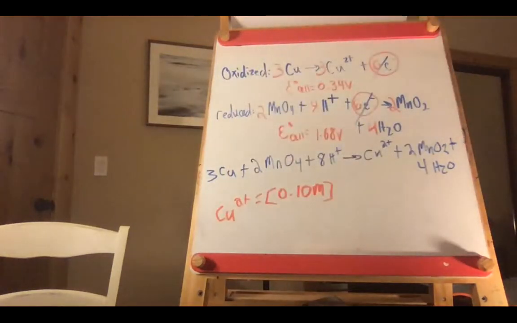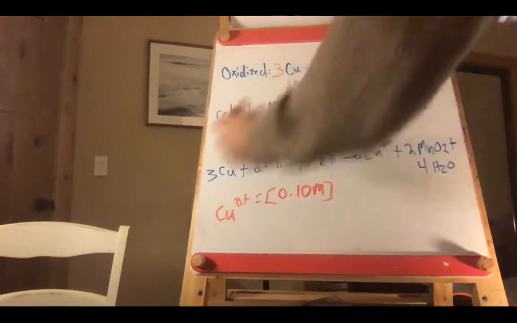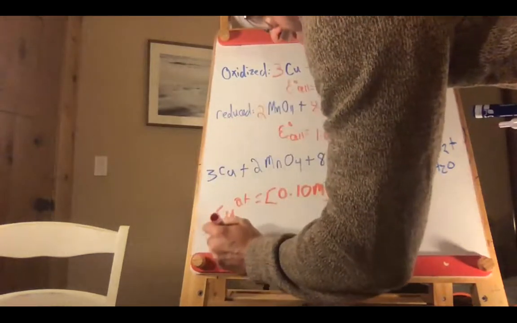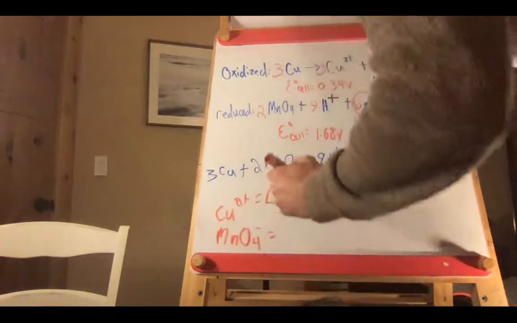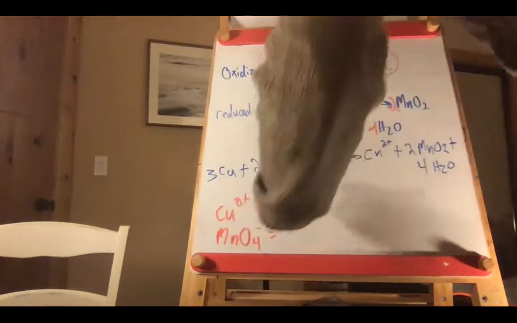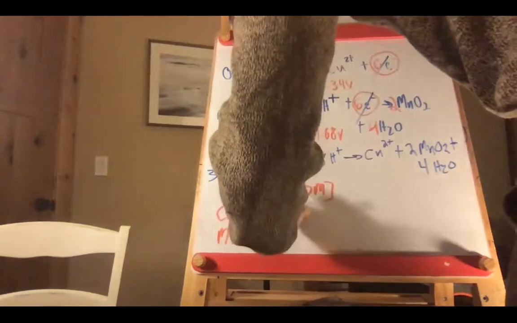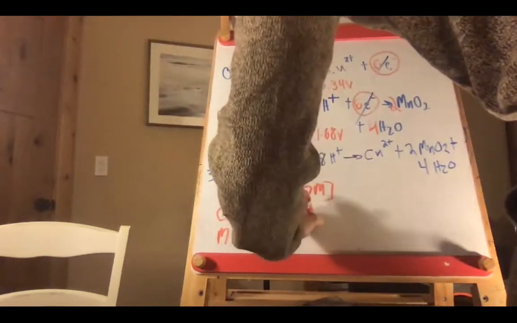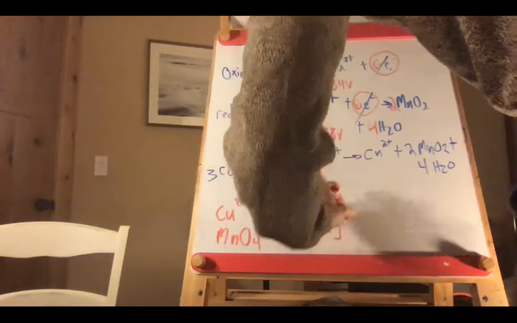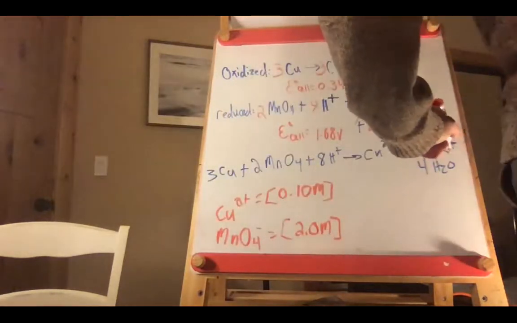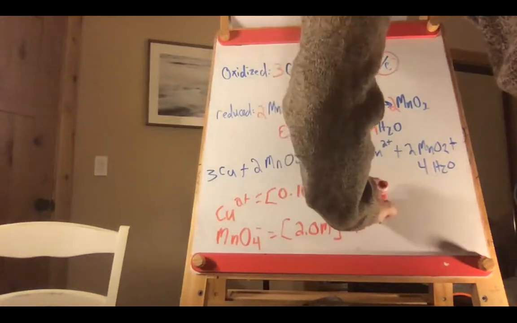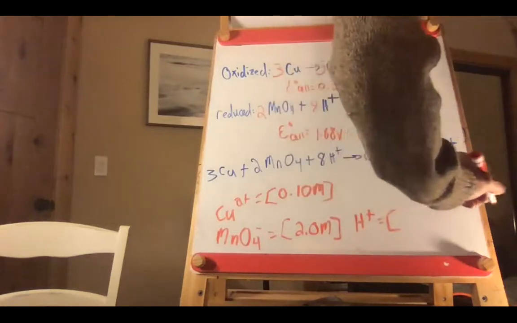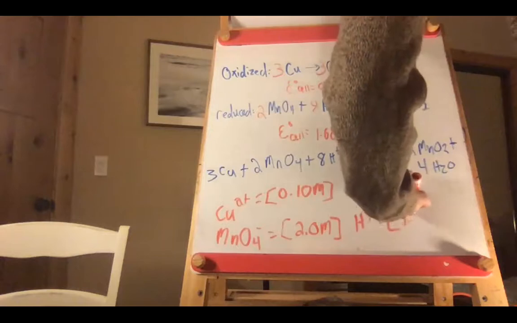Okay, and the permanganate was 2.0, and the hydronium ions were 1.0.